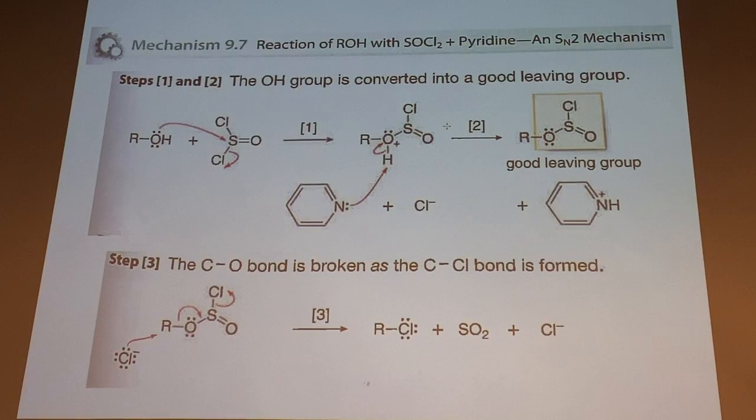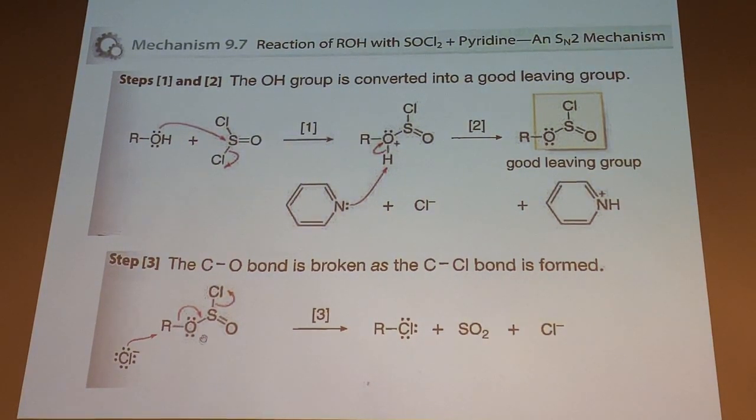At least be aware of it, what's going on. It's turning the alcohol into a good leaving group, okay? Whereas before on its own, hydroxide's a terrible leaving group. And there's pyridines soaking up the acid and sequestering it. Now it's a very weak acid, okay? And then any nucleophile, including halides, chloride, is nucleophilic enough to do the displacement there.